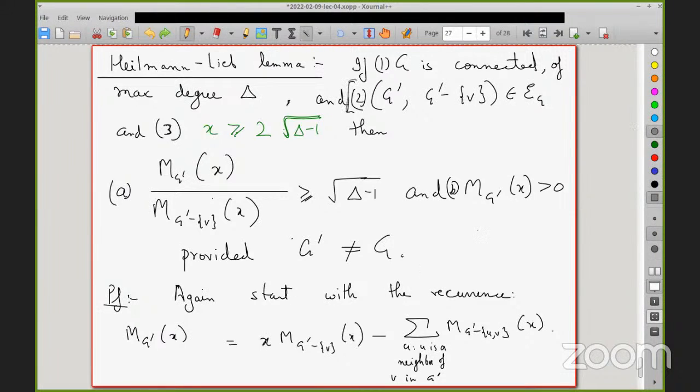Oh, I see. So fix G, fix delta. So this is the induction hypothesis. Fix G and delta in advance.